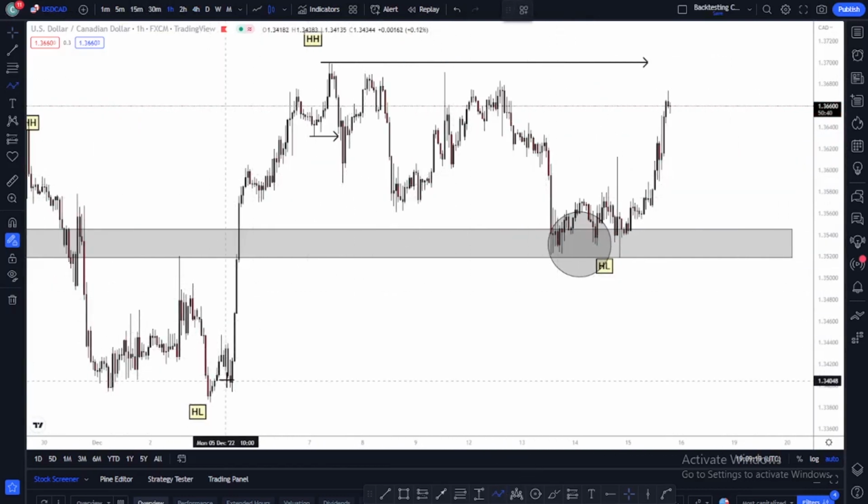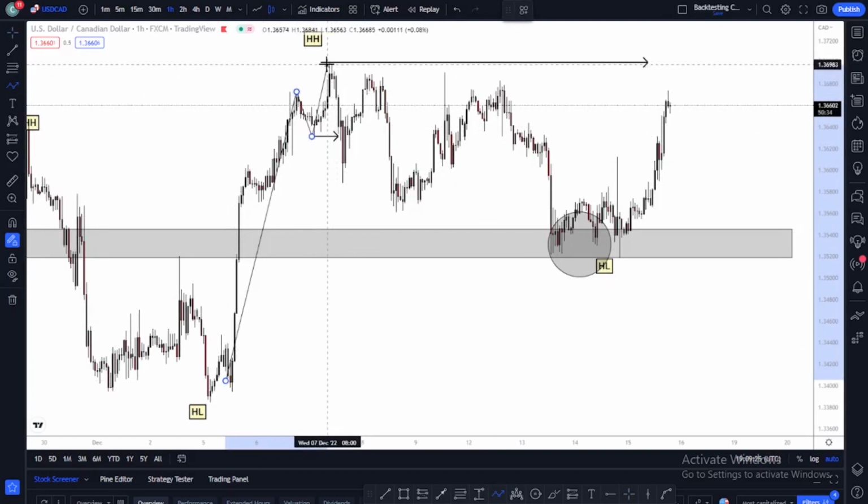We realize this was the last higher low price created before creating this higher high. After price created this higher high, what did price do next? It broke below our H1 higher low, meaning the retracement is about to take place.